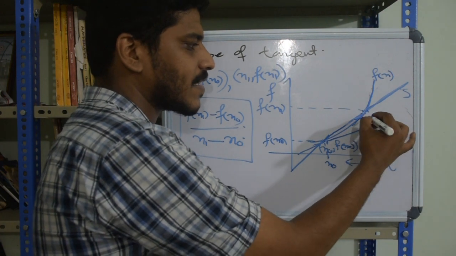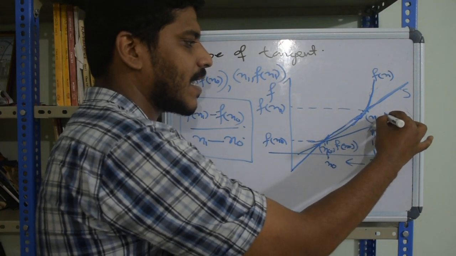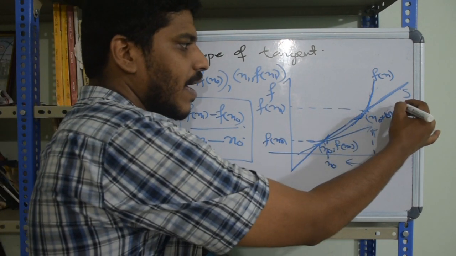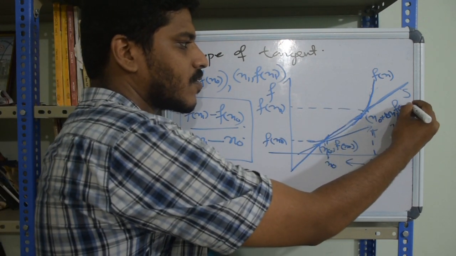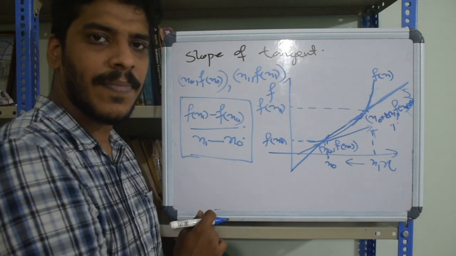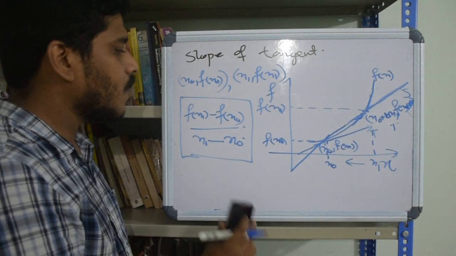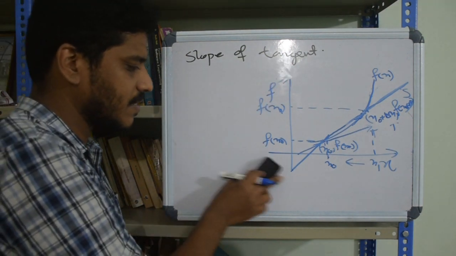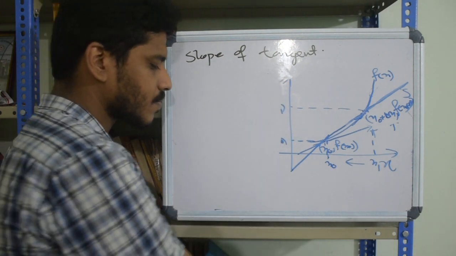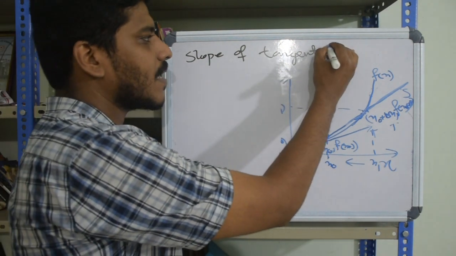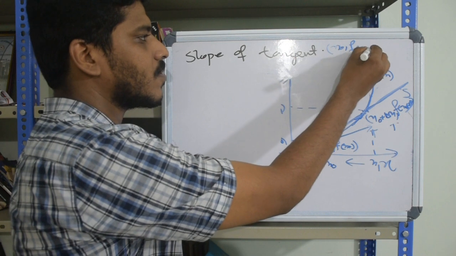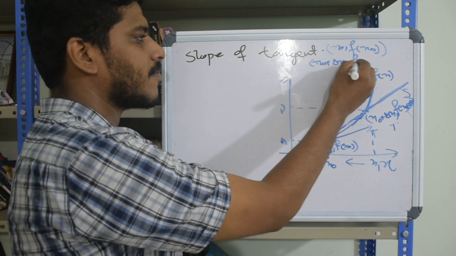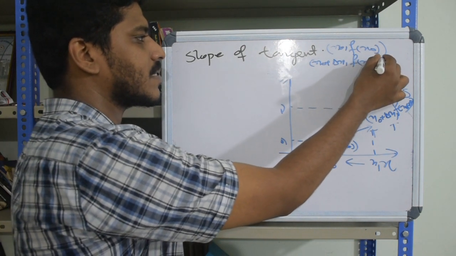this is the tangent, instead of x1 we choose x0 plus delta x, to denote it is closer and closer, and the corresponding function value will then be f of x0 plus delta x. And if it is the case, how does the formula change? The new available points are x0, f of x0, and x0 plus delta x, f of x0 plus delta x.